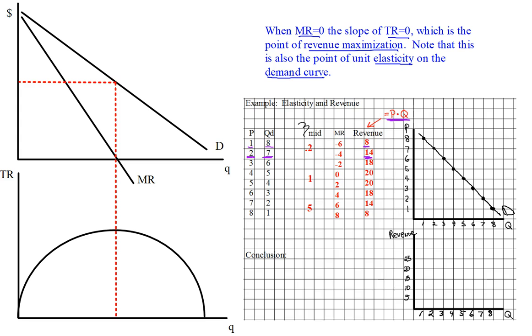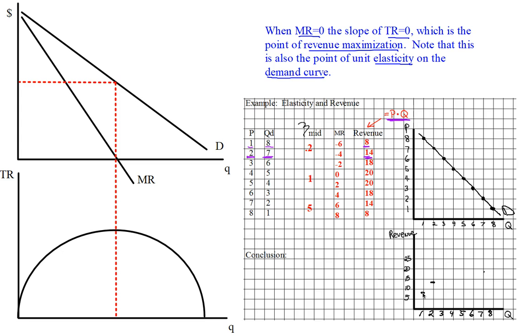When the quantity was 1, the revenue was $8. When the quantity was 2, when we produced 2 units, the revenue was $14.